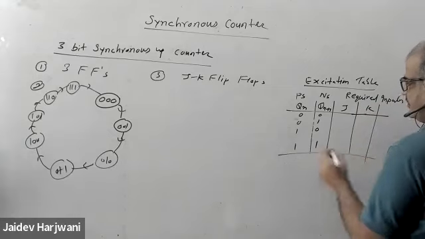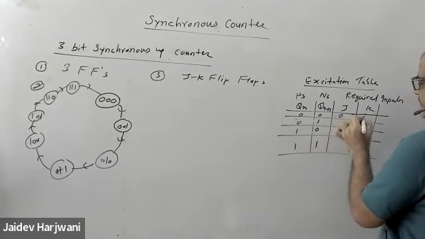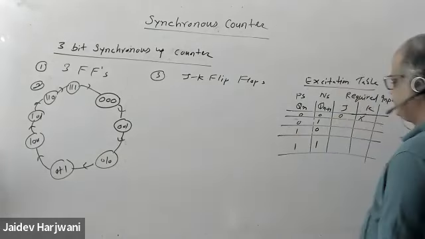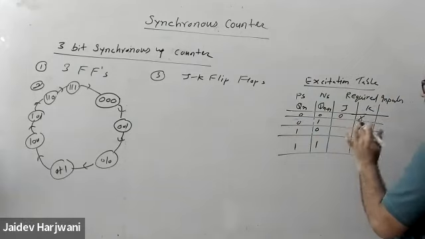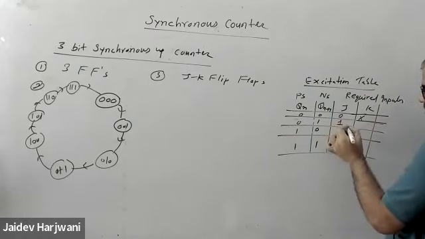We have already seen JK inputs yesterday. For 0 to 0, we need 0x. For 0 to 1, we need 1x. For 1 to 0, x1. For 1 to 1, x0.